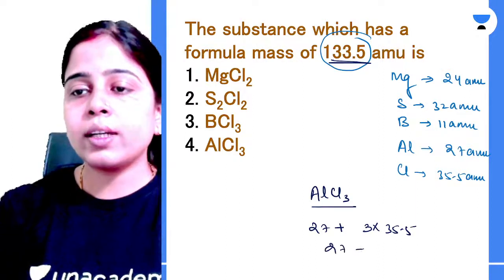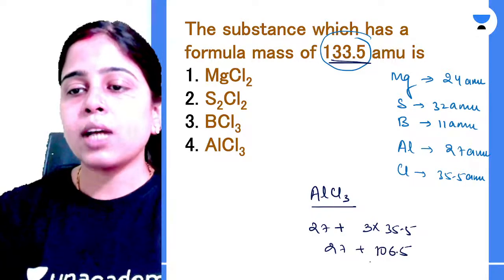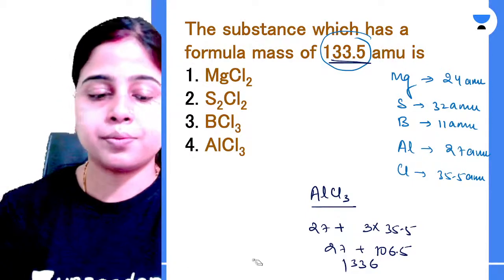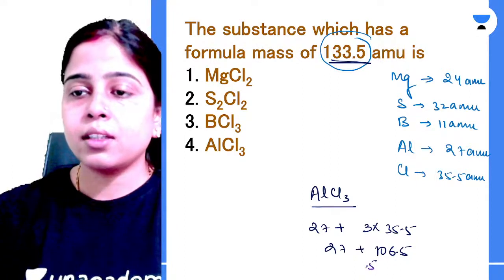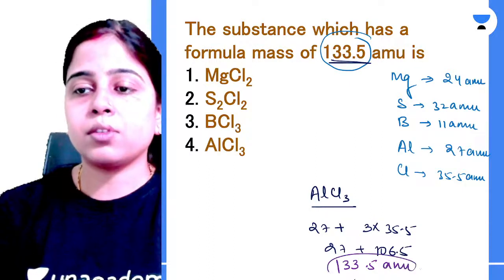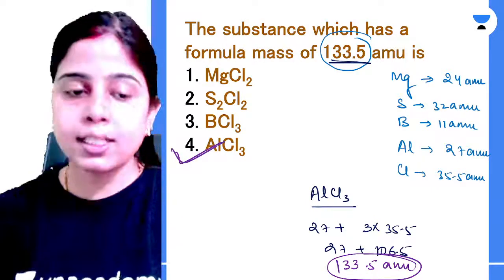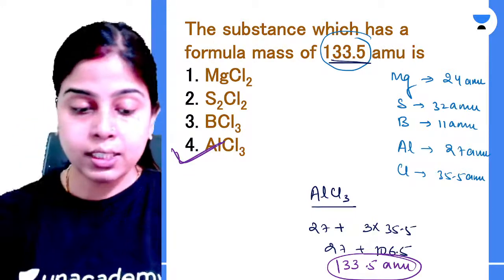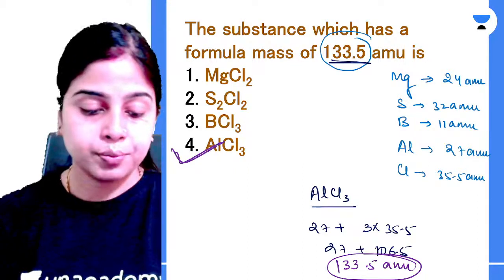Let's add it. 27 plus 106.5 gives 133.5 AMU. Got the answer? So option number 4 is the correct one, which has the formula mass of 133.5 AMU. Clear? In this way you can solve all the questions related to molecular mass.